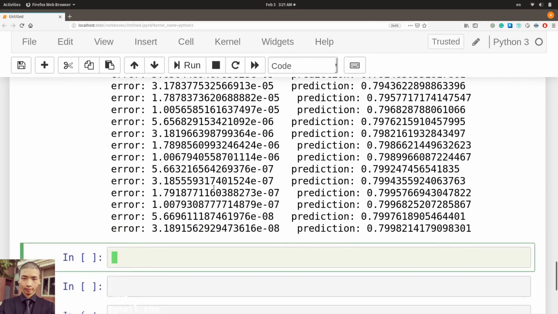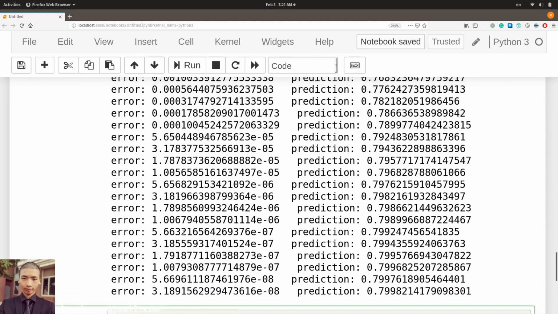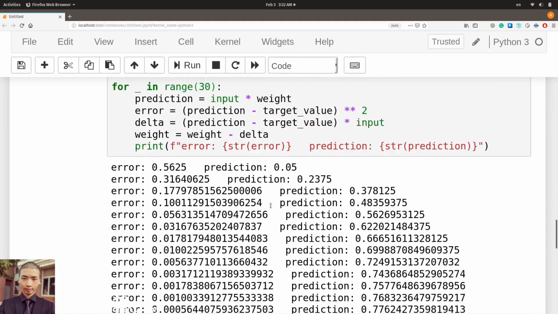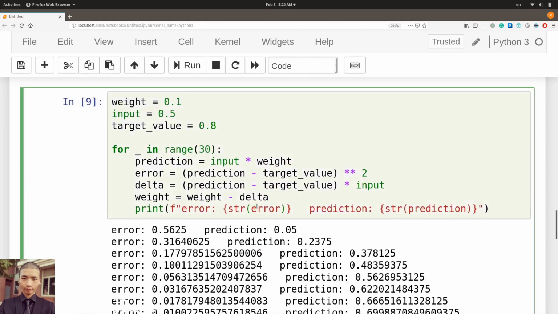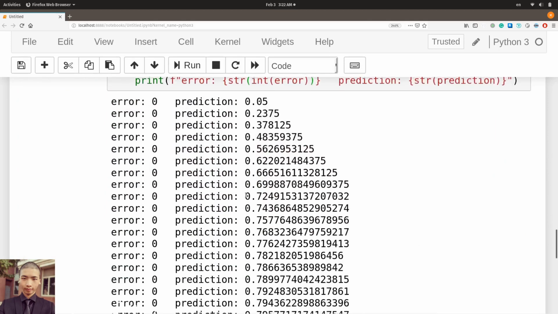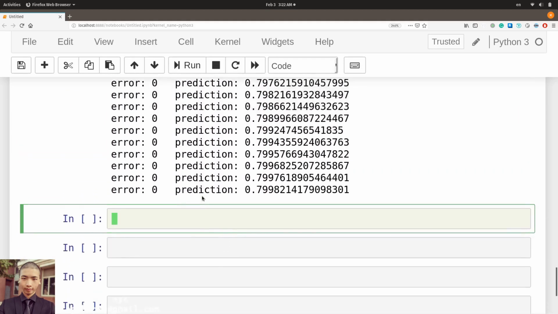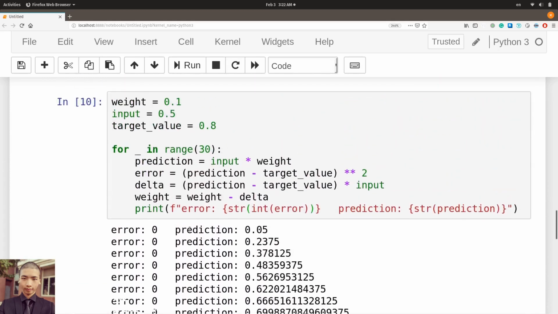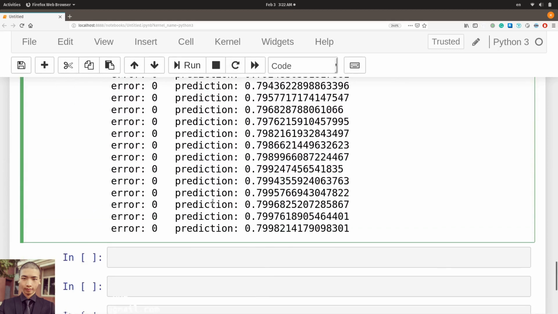Okay, it seems like the error is just getting strange. Maybe I should do something like this, get the integer of that error. Okay, this time the error is just zero, and the prediction was right.